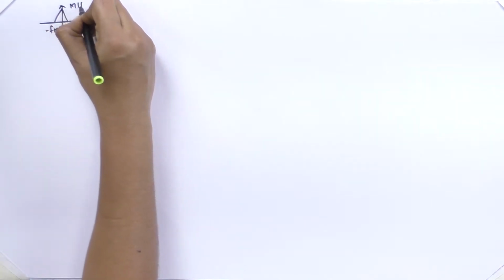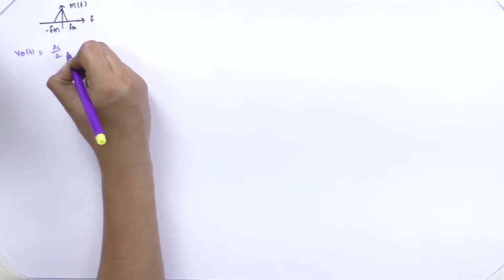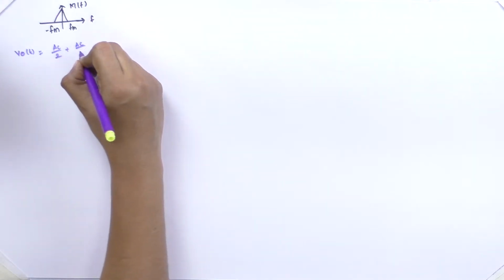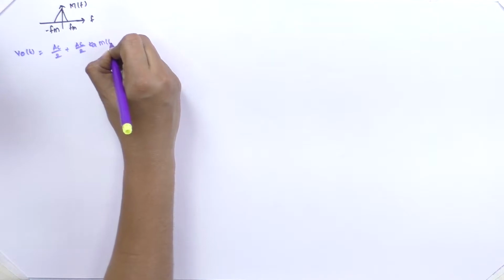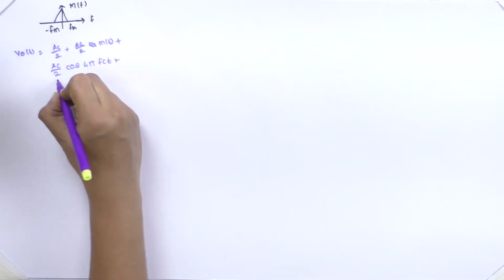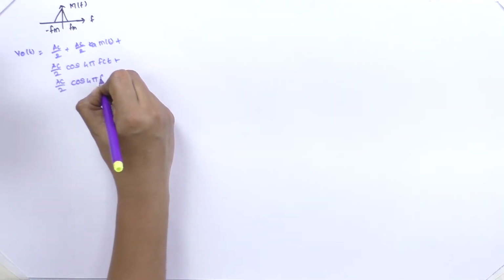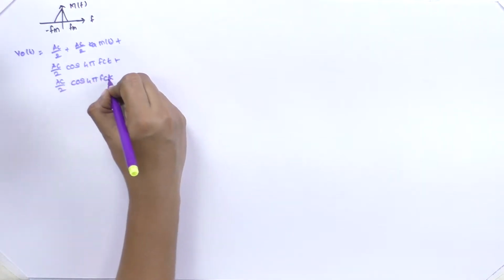It is referred to as M of f, and the Fourier transform of V naught of t is given by, we know V naught of t is equal to Ac by 2 plus Ac by 2 Ka m of t plus Ac by 2 cos 4 pi fct plus Ac by 2 cos 4 pi fct into Ka m of t.